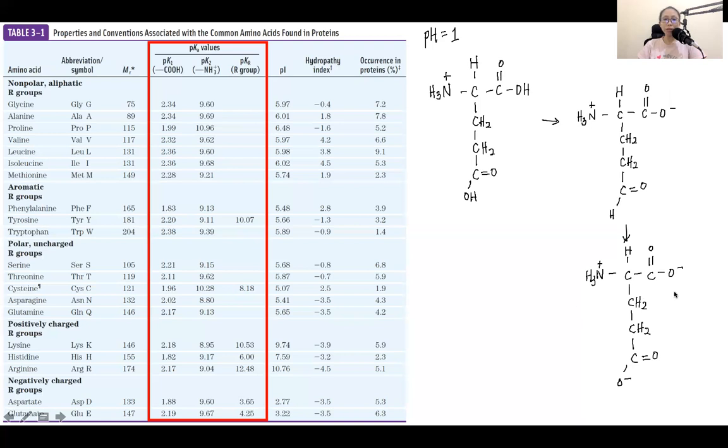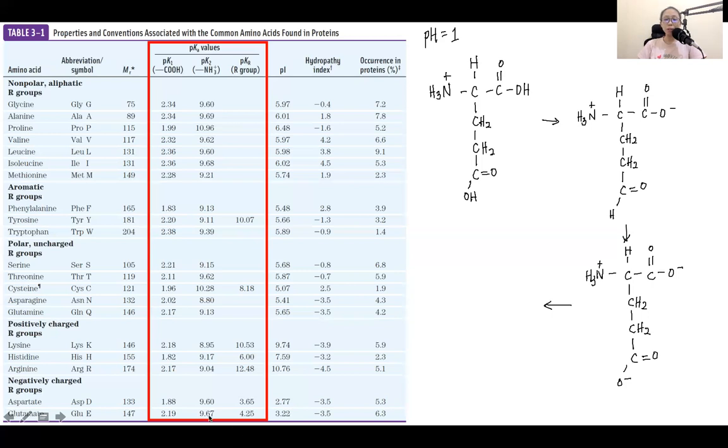And if we continue to add more base, more of this will be converted into this form until we reach the second equivalence point. At the second equivalence point, all of the glutamate molecules are in this form. We continue to add more base. So what happens?